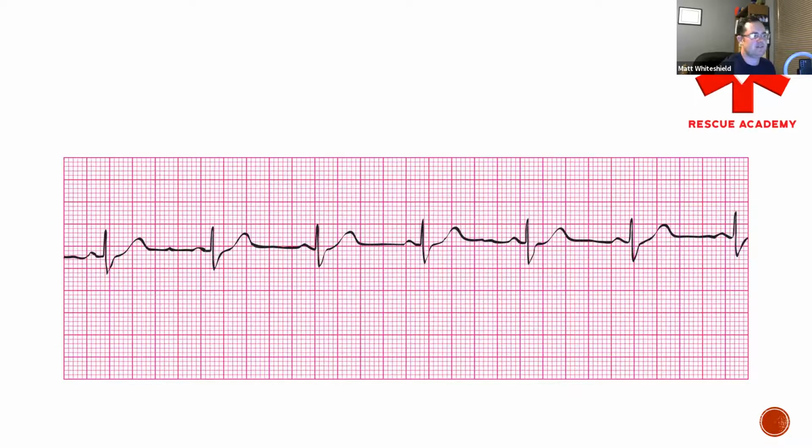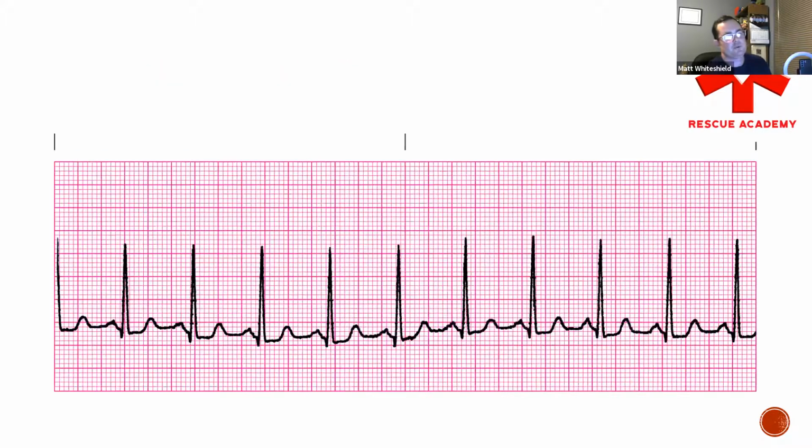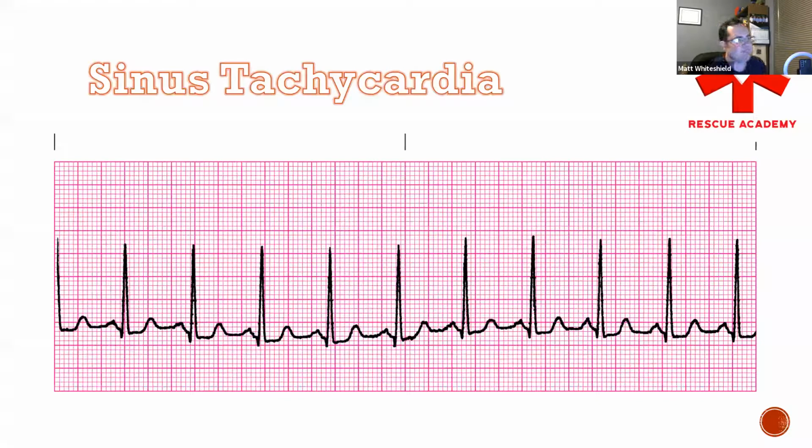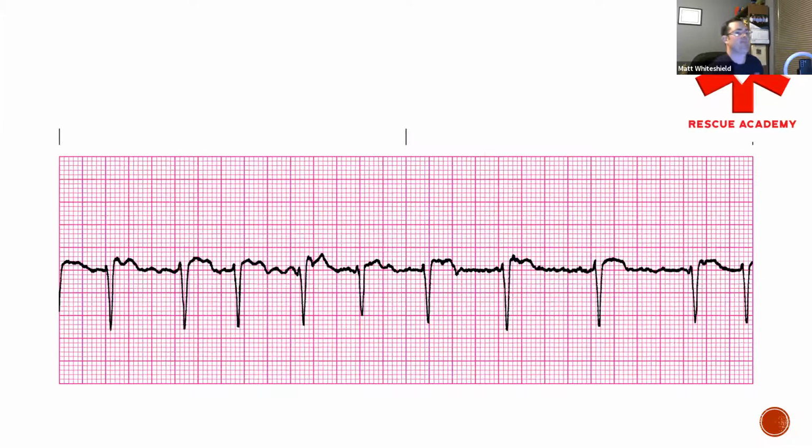There is not. I know that first one looks a little awkward, but this is normal sinus rhythm. All right, we got this EKG here, which we have upright P waves, narrow QRS complex, sinus tach. Good.